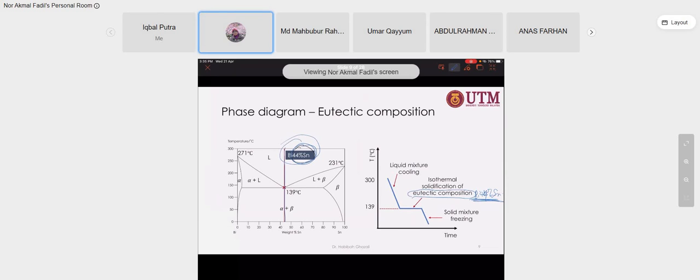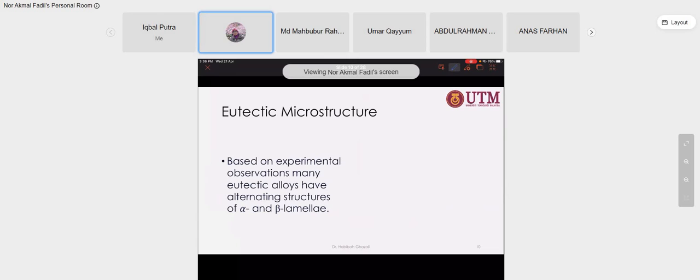For example, this one is a eutectic point, so it has one transformation temperature. Isothermal solidification temperature: isothermal means one single temperature that allows a complete transformation from liquid to solid, so liquid into alpha plus beta.